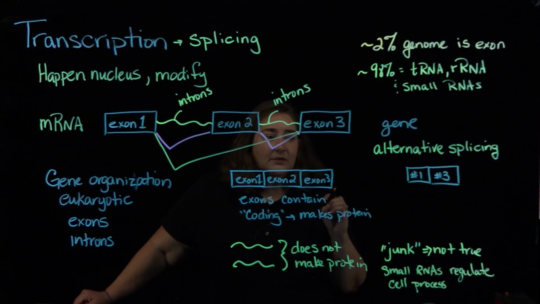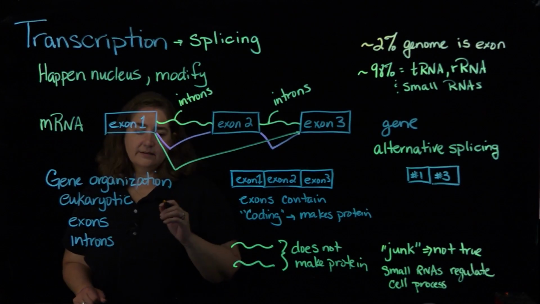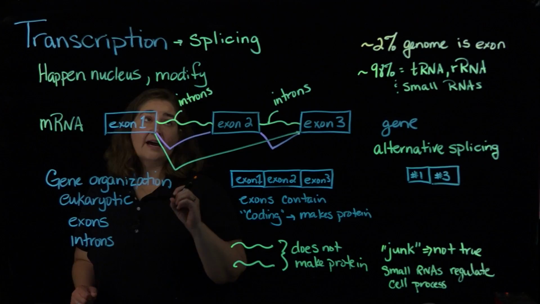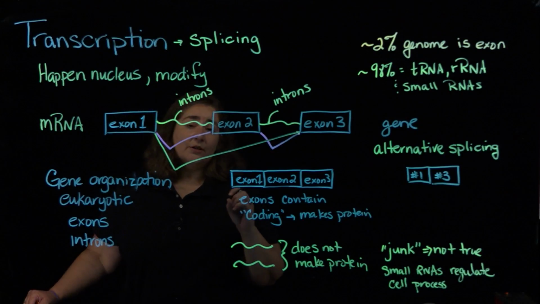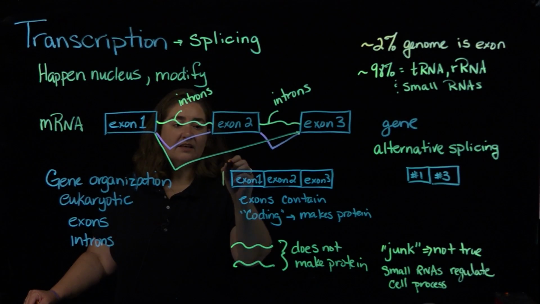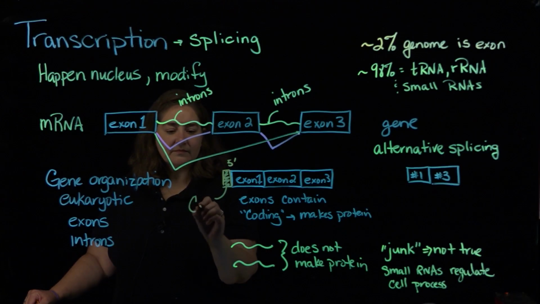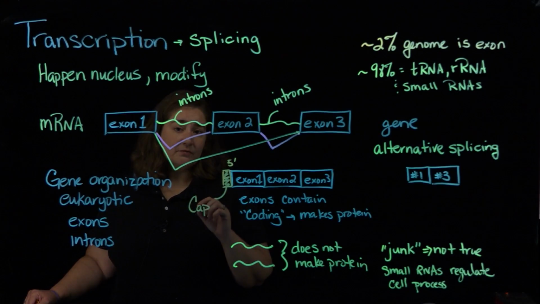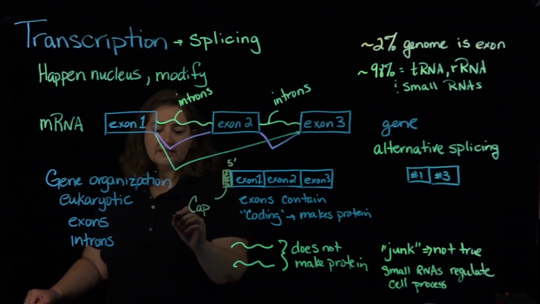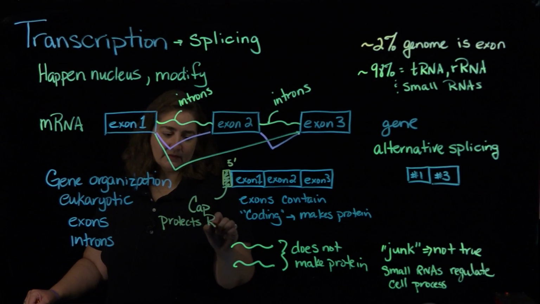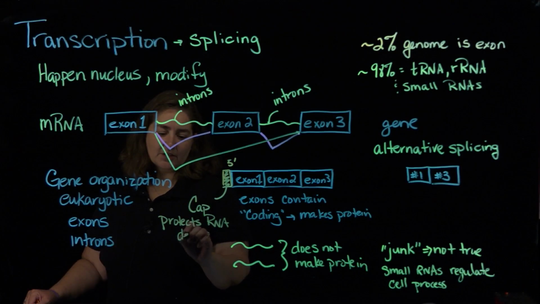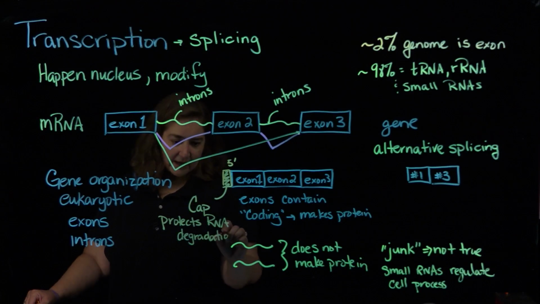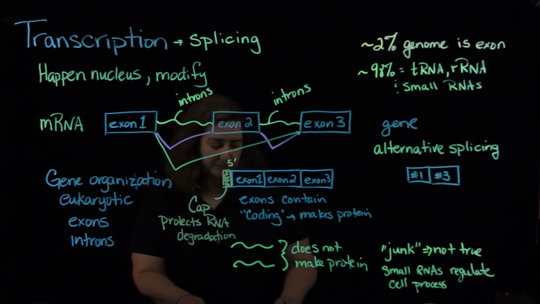There are also going to be two more things real quick that I'm going to add here that tend to be added to RNA before it leaves the nucleus. At our 5' end, there's going to be a cap that's added. That cap essentially protects the RNA from degradation out in the nucleus, okay?